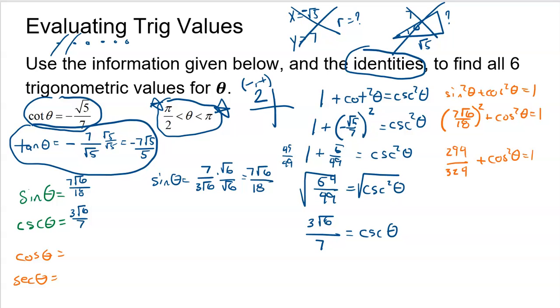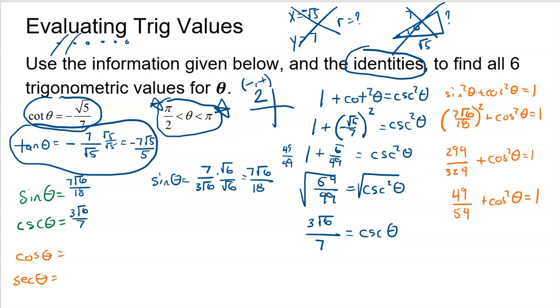Now you should always try to reduce. I mean, come on, why would you not try to reduce fractions, especially when you get some big ugly ones that I don't want to deal with? So 294 divided by 324 does reduce. It reduces to 49 over 54. So I see 49 over 54 plus cosine squared of theta equals 1.